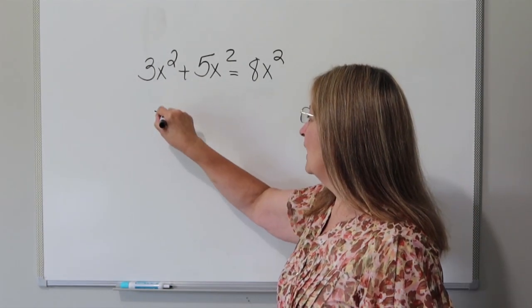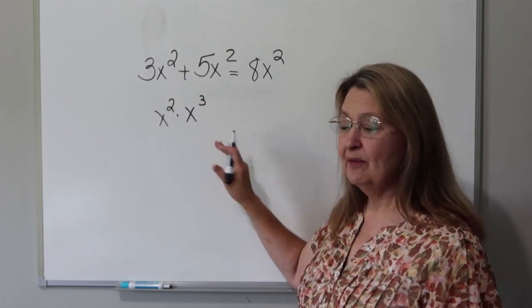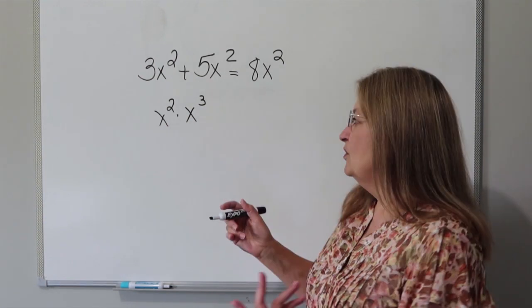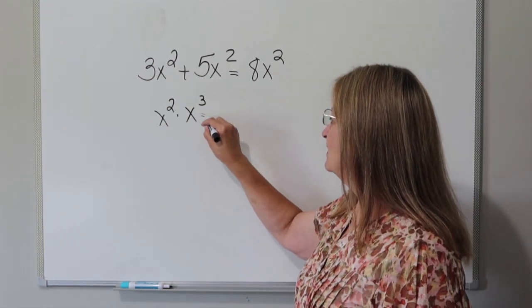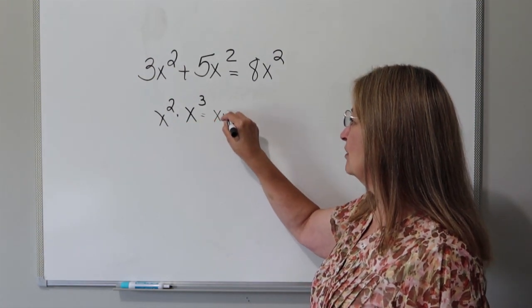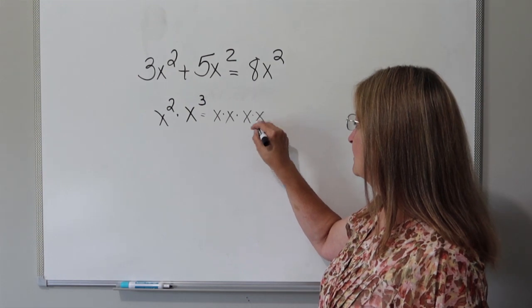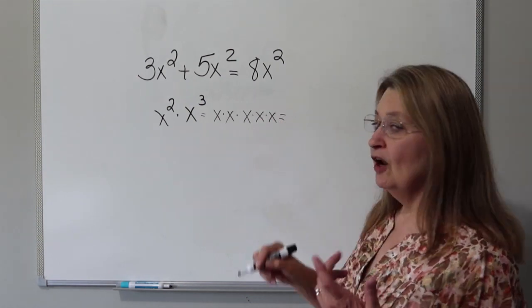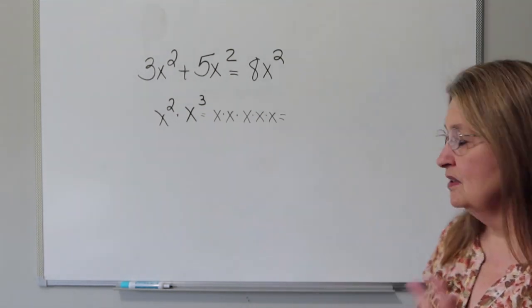Now let's look at multiplication. If I have x to the 2nd times x to the 3rd, if you expand this out, and you're not going to want to do this every time, but if you expand this out, what you actually have here is x times x times x times x times x. Now remember, an exponent tells you how many times you multiply the base times itself.